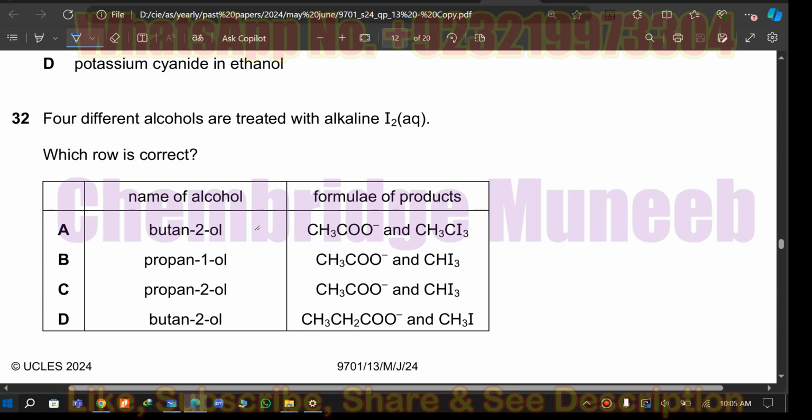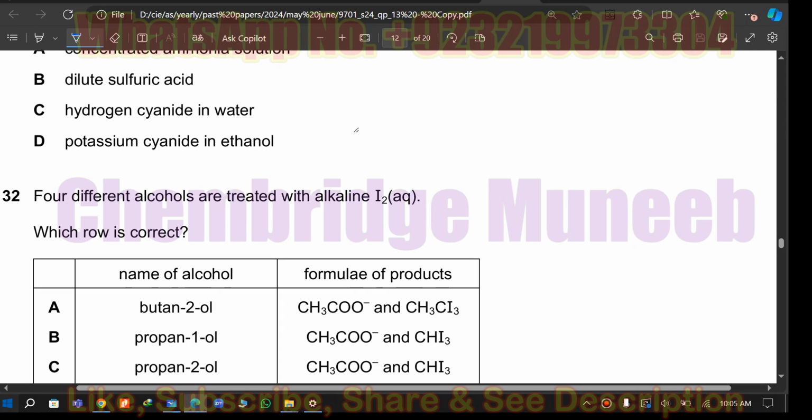Basically, the alcohol which can react with alkaline I2 should have this structure, CH3 CHOH with a further bond, as a basic necessity for a positive test. If this group is present in any alcohol, then you will get the positive test with alkaline I2.